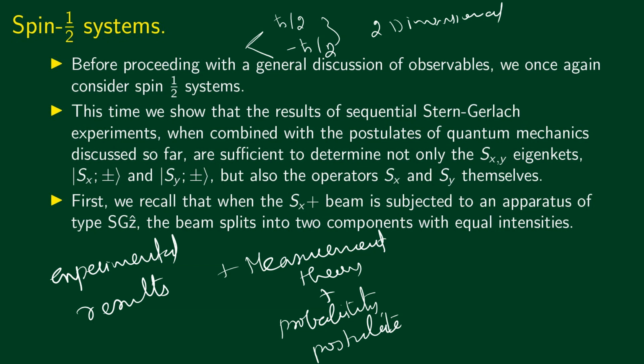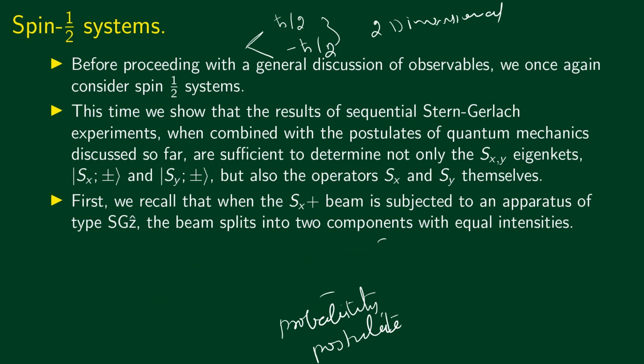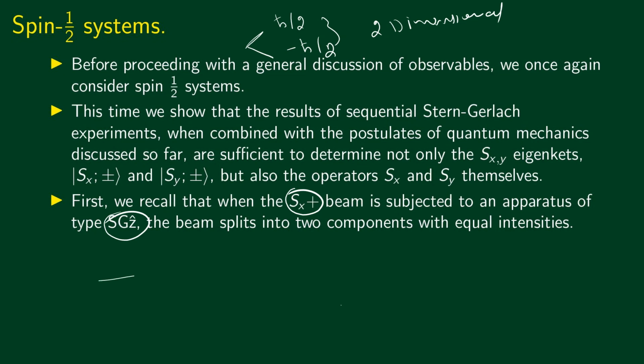So let's go back to the sequential Stern-Gerlach experiments which we had discussed. We recall the case when the Sx plus beam is subjected to an apparatus of type SGZ hat. What is this Sx plus beam? How do you filter out an Sx plus beam?